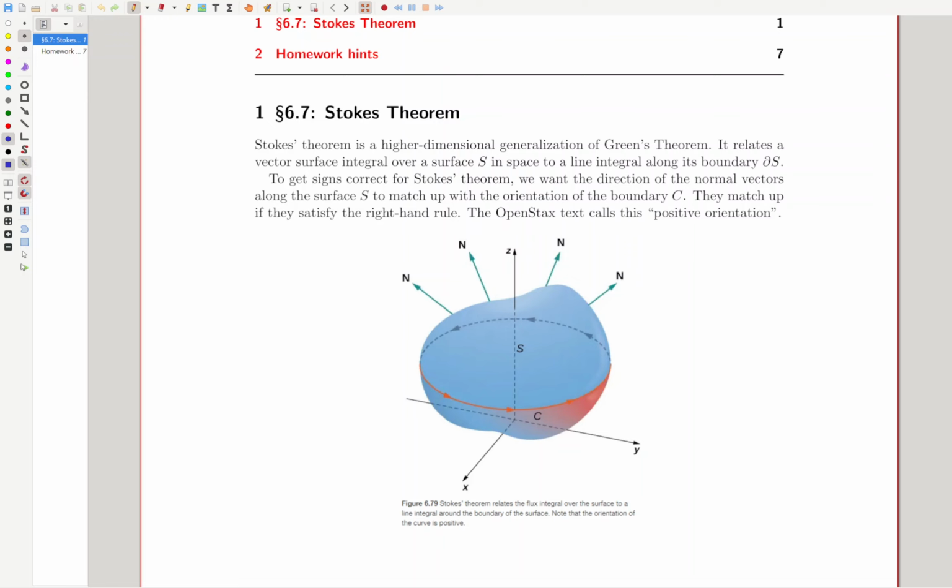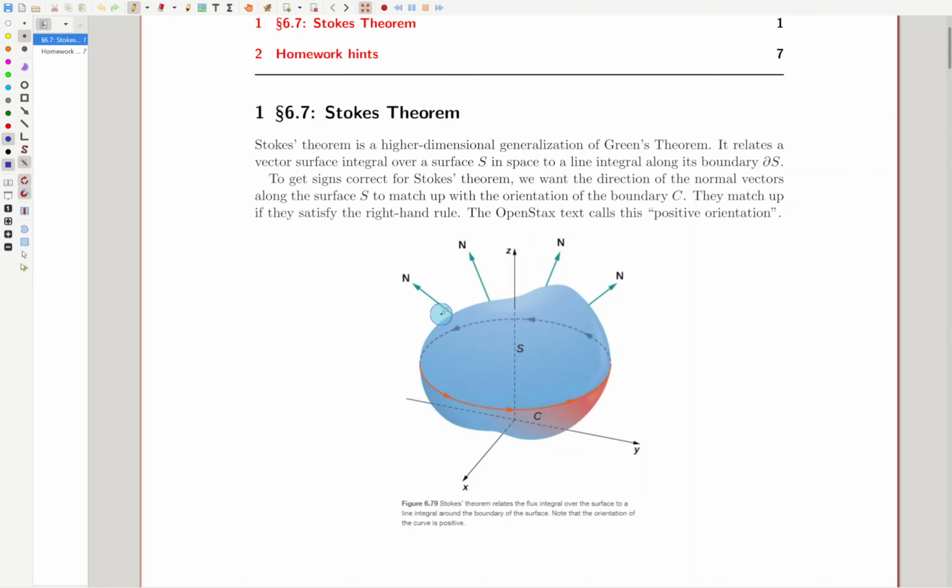One thing that will be important with setting up Stokes' theorem correctly, to make sure that you don't have a sign error, is that you need the direction of the normal vector to match up with the orientation along the boundary. What I find most intuitive is that they need to satisfy the right-hand rule.